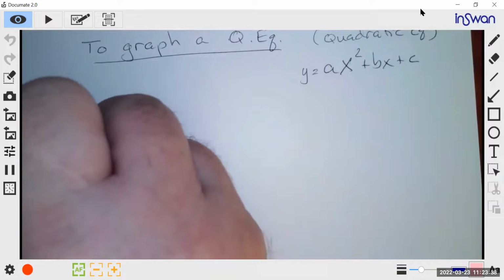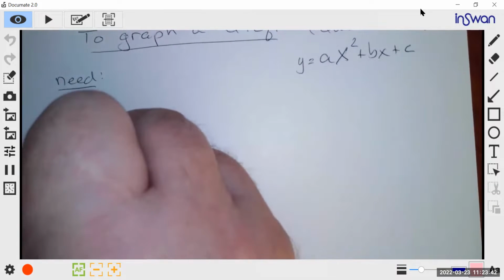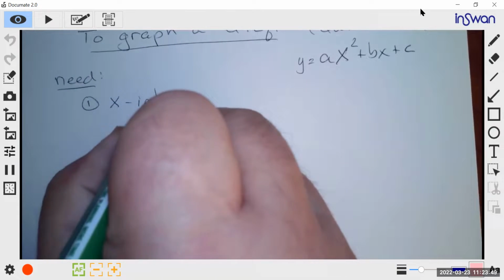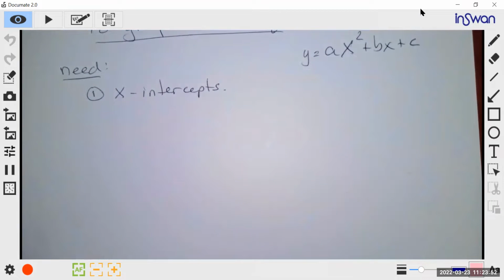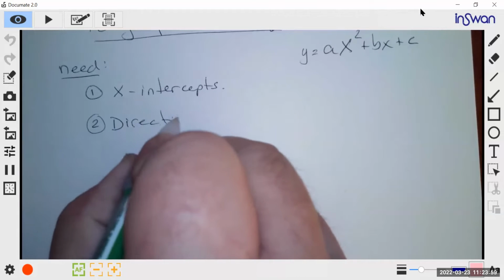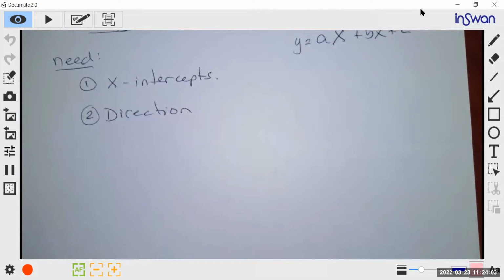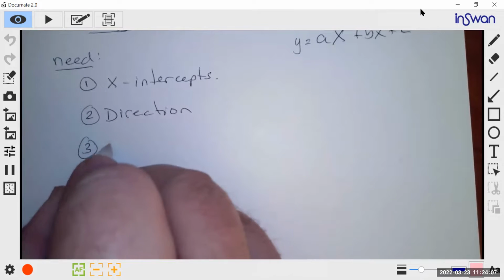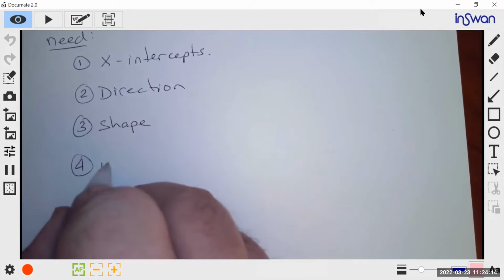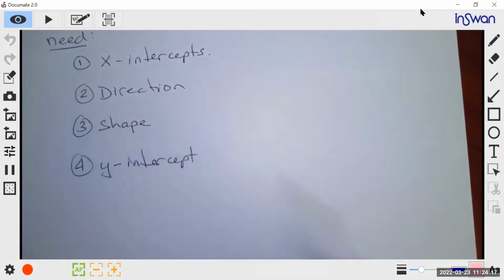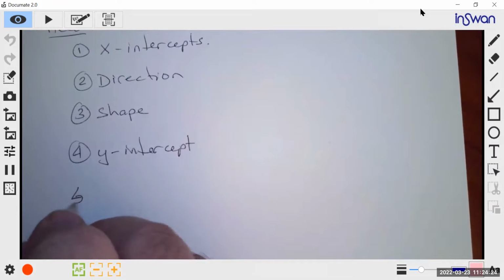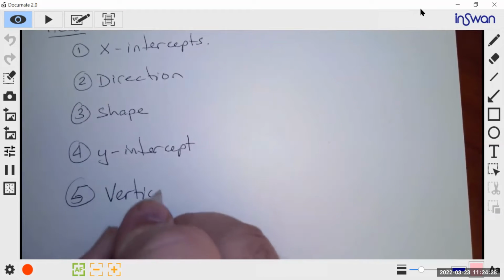We need x-intercepts, direction of the curve, the shape of the curve, the y-intercept, and the vertices.